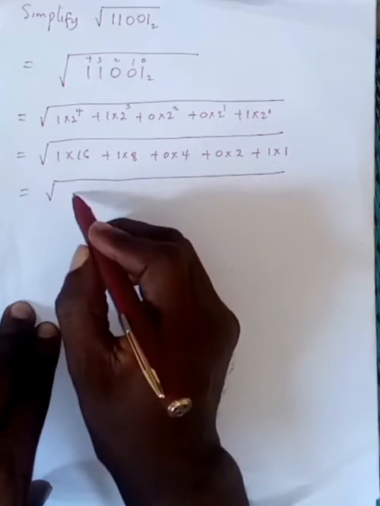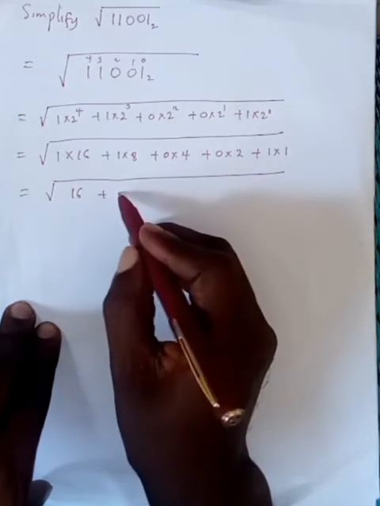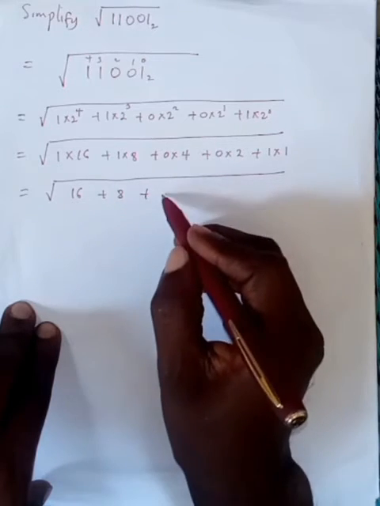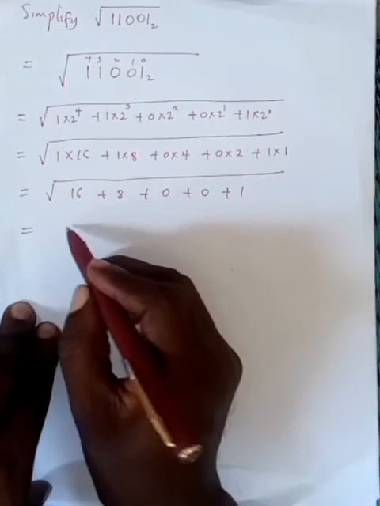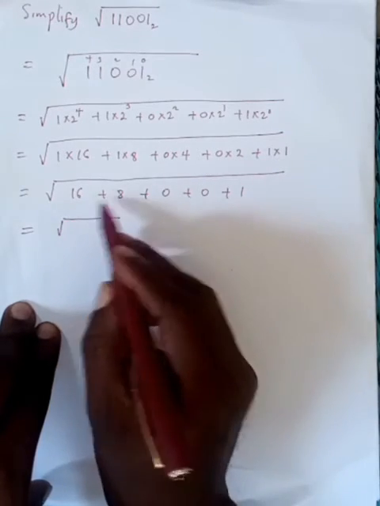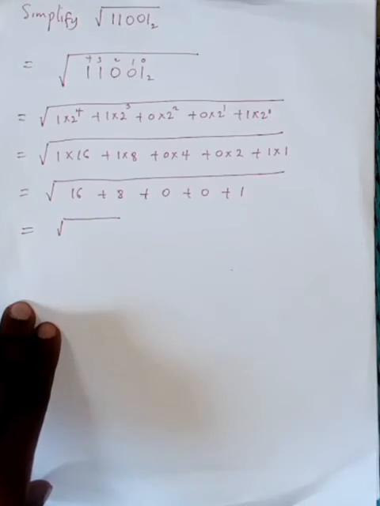So this becomes 1 times 16 is 16, 1 times 8 is 8, 0 times 4 is 0, 0 times 2 is 0, and 1 times 1 is 1. The result is 16 plus 8, which is 24, plus 1, which is 25.